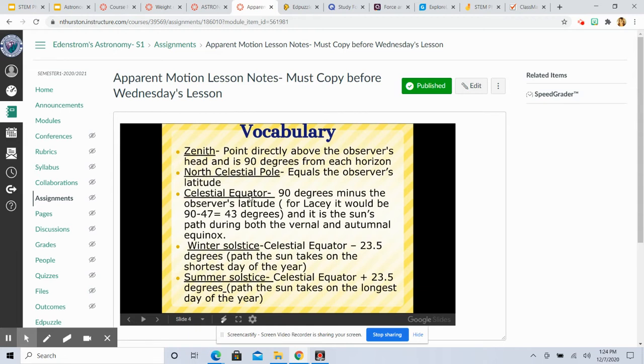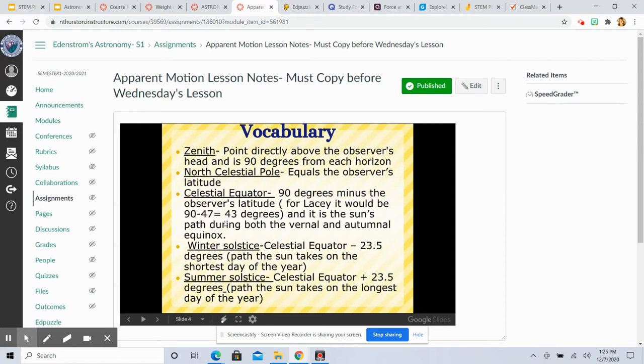Now the celestial equator is going to be 90 degrees away from that. In the sky, the celestial equator is going to be straight up from our equator, but that means it's also 90 degrees away from the North Pole, just like the North Pole and the equator on Earth are 90 degrees away from each other.